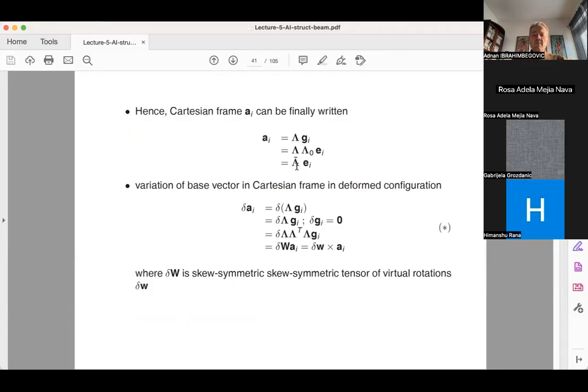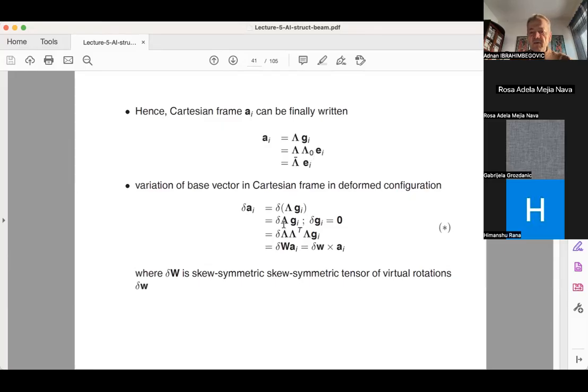And then basically we have to discuss derivatives and variation. Both of these are linear operations. The variation is taking, let's say, the virtual field. In this particular case, you're talking about rotation. So the virtual field will be an infinitesimal rotation that we call delta W. Here we start with this spatial description of the orthogonal tensor.